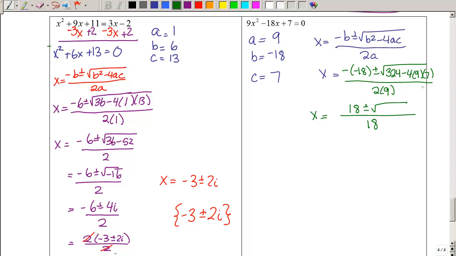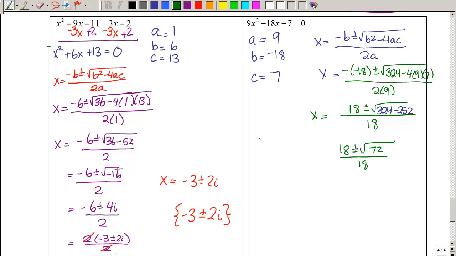Now I need to reduce under the radical. 4 times 9 times 7 is 252. And 324 minus 252 is 72 under the radical symbol.